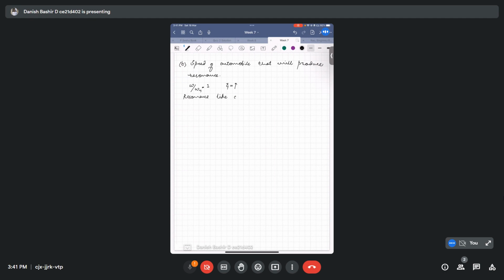Resonance-like condition only when the transmissibility ratio is maximum.